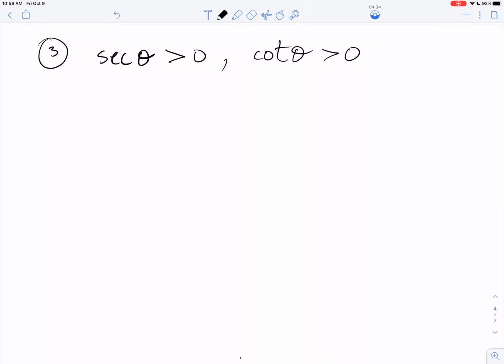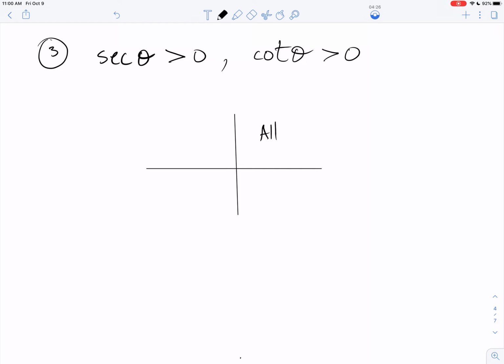See, here's the one thing about the AX rule that I have not said anything about, but I'm sure you're going to come around to it pretty quick. If all the trig functions are positive here, meaning sine, cosine, and tangent, well, guess what? If you're positive, your reciprocal is positive.